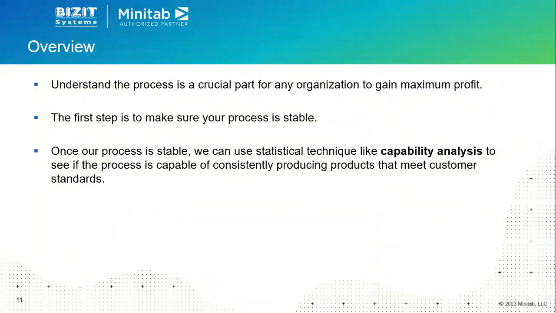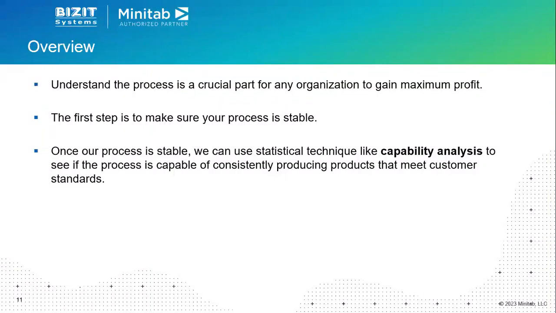That is what we call capability analysis, to see whether your process itself is capable of consistently producing products that meet your customer standard. You have your own process, and now you want to compare it with your spec limits. So we call this capability analysis.